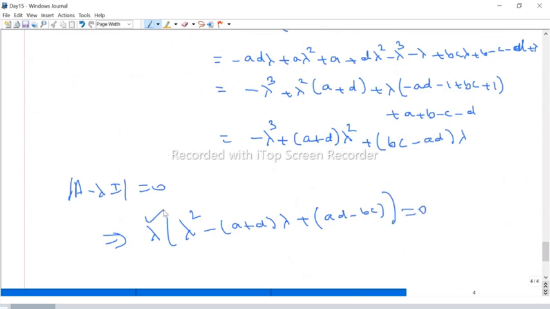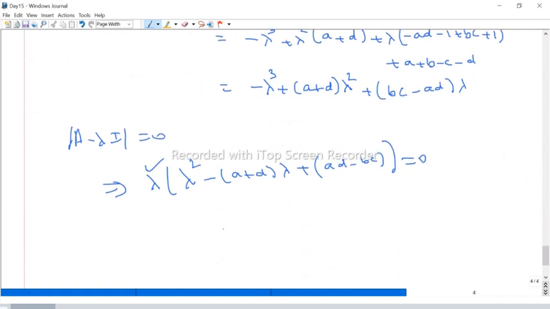Now therefore 0 is the one of the eigenvalue. Okay. Now we have to solve this. This is a quadratic thing. So what is the roots of this? You can use the formula minus b plus or minus square root of b square minus 4ac by 2a. So if you apply this, so maybe directly I can write.